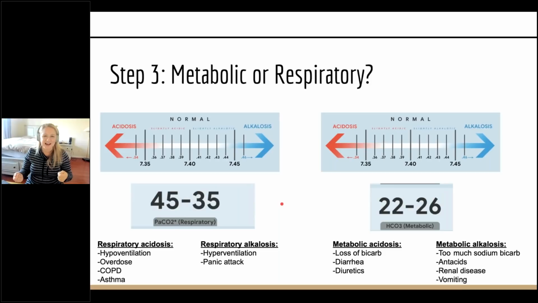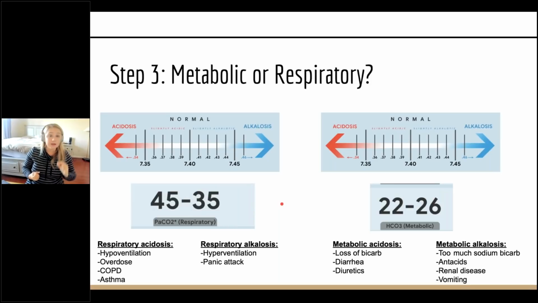So what can cause that? Well, antacids, a lot of our antacids have a bicarbonate. So if patients take too many of those over-the-counter antacids, they can have a metabolic alkalosis. Renal disease, if the kidneys are not regulating appropriate amounts of sodium bicarbonate, we can get a high bicarbonate.